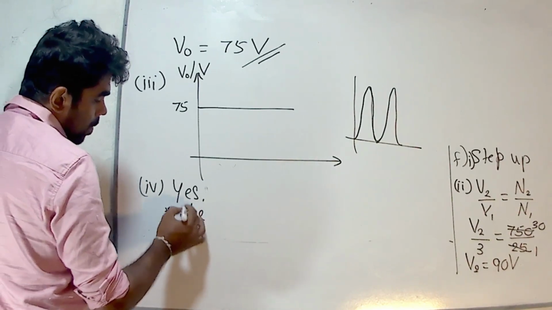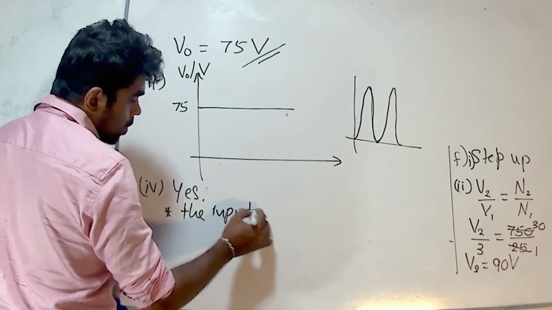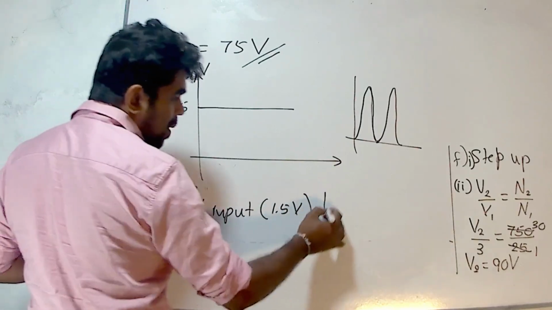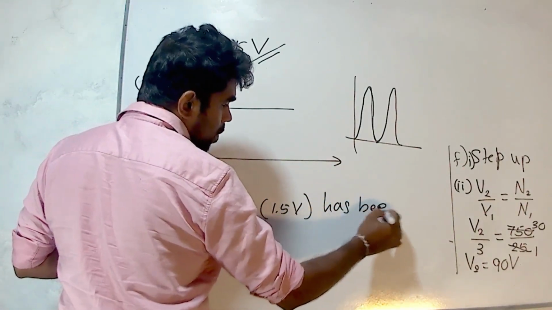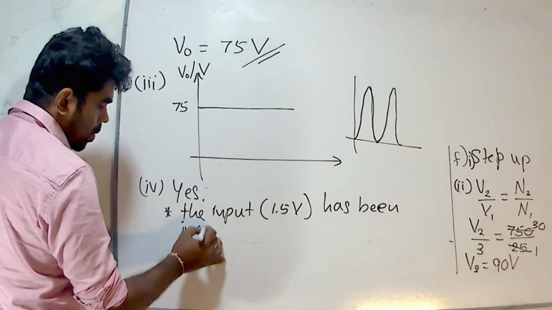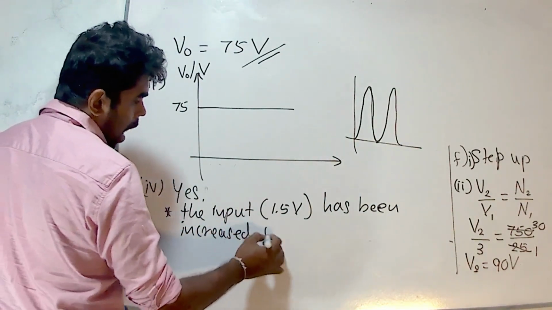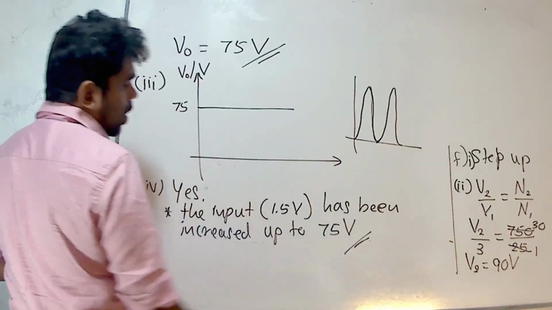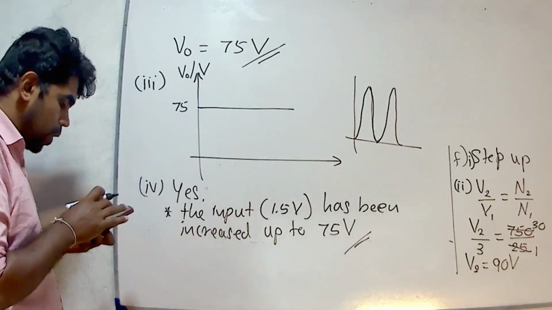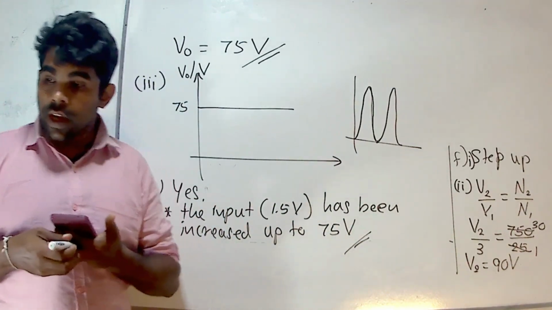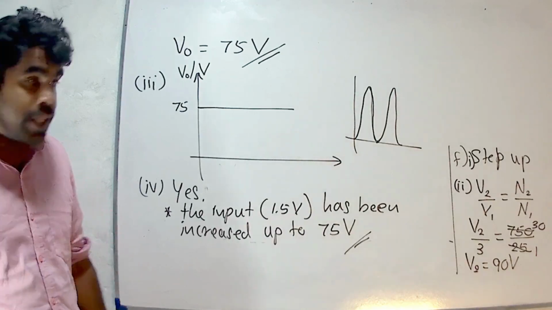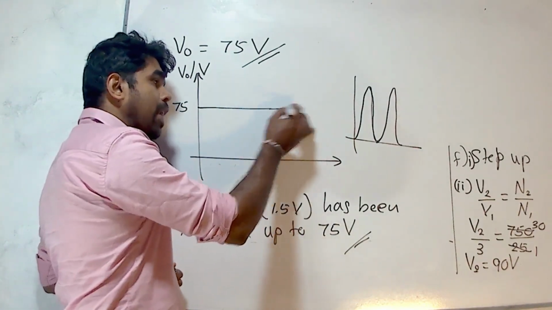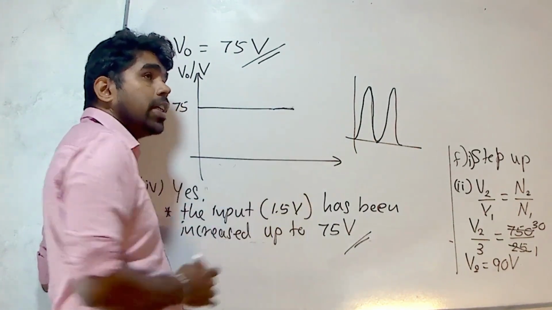The input voltage of 1.5 volts has been increased up to 75 volts. This value is also a direct voltage. It is a constant value with time. It means it is a direct current.